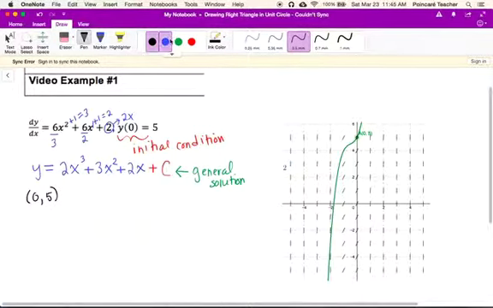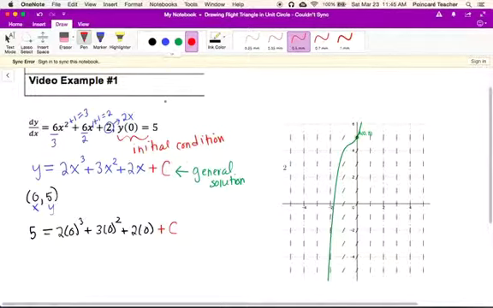Our x here is 0, and y is 5. So I'm going to plug it in. It's going to be 5 equals 2 times 0 cubed plus 3 times 0 squared plus 2 times 0, and then plus c.